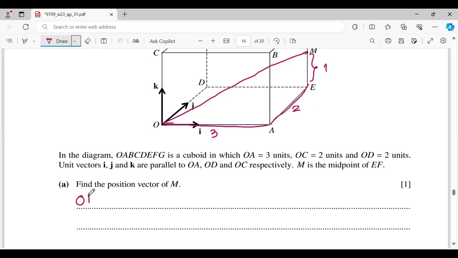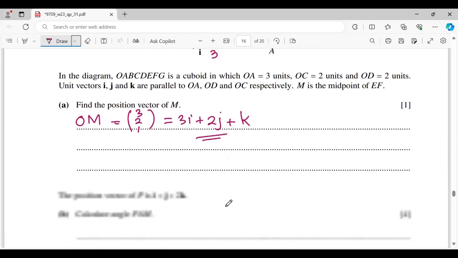So OM is 3i plus 2j plus 1k. This is the position vector.